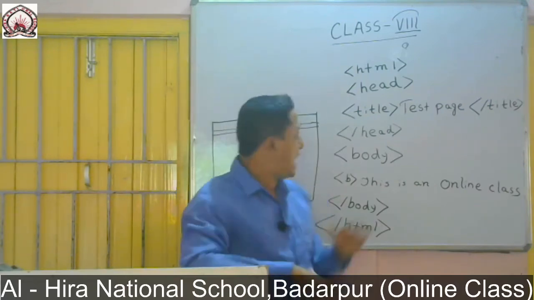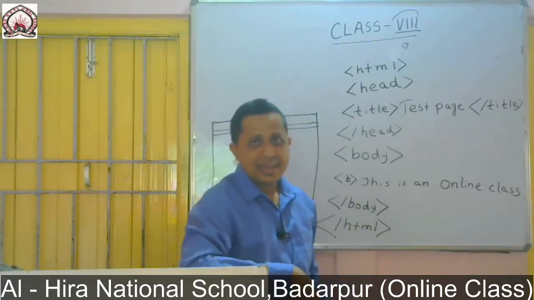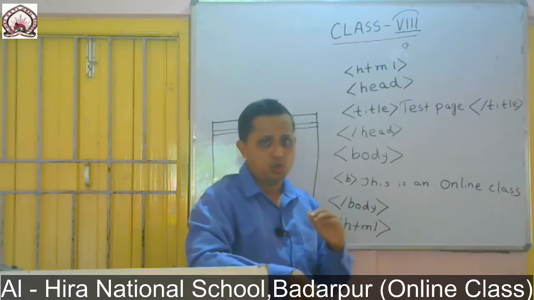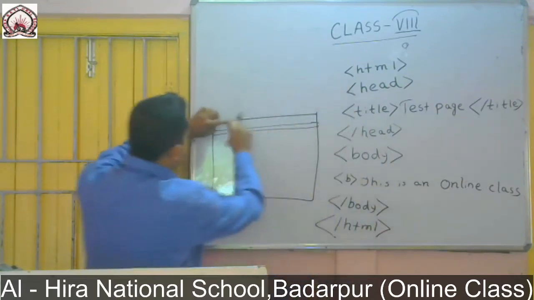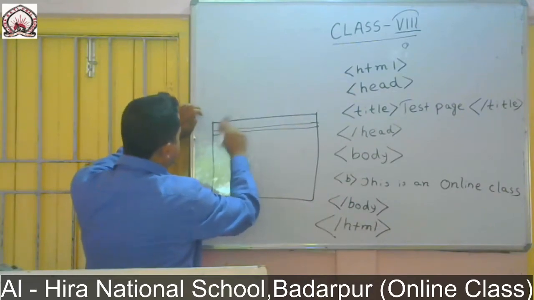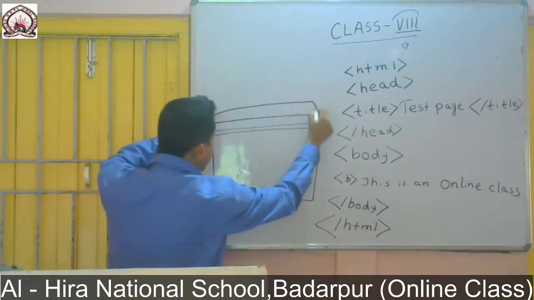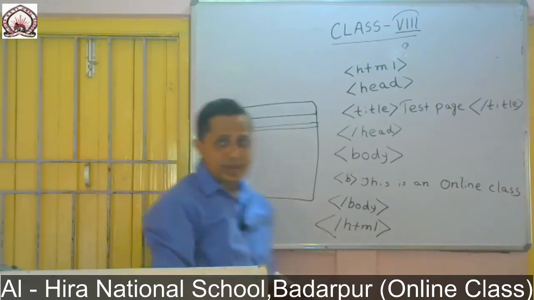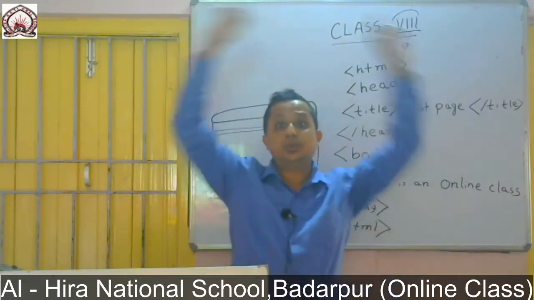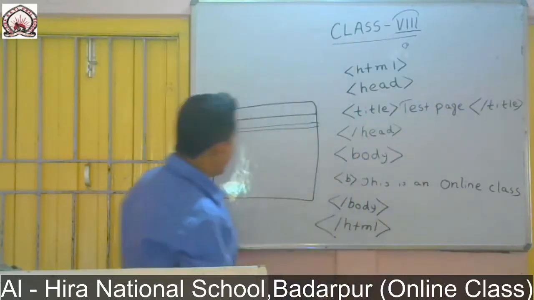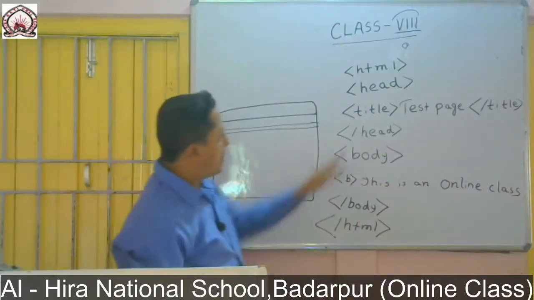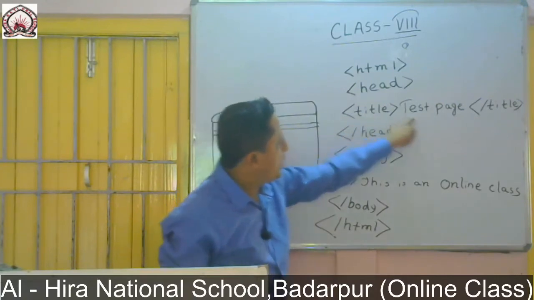Now I have written head. Head means, if I want to write anything on the header part, the part in the taskbar at the top of the screen, this part is known as head. Here I have written head, title, test page.